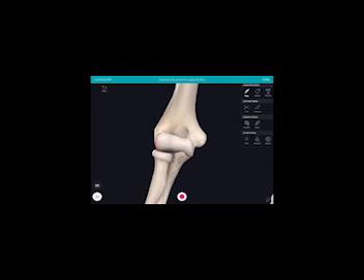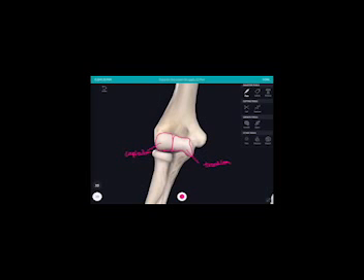Right here, at the very distal end of the humerus, where the radial head articulates, is called the capitulum. And then we also have this nice trochlea.